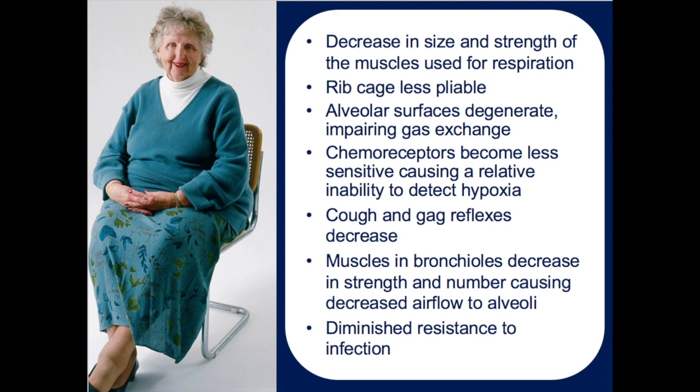In addition, these changes in the smooth muscle fibers also result in turbulent airflow and diminished airflow to the terminal alveoli during inspiration, and can also result in some air trapping during exhalation. And then the alveolar surfaces also age. So remember, the functional unit of your lung, the alveoli, are not as efficient with gas exchange.